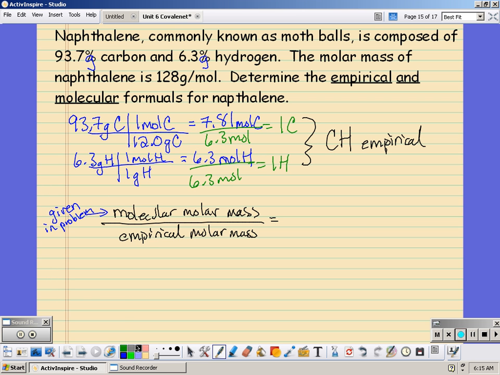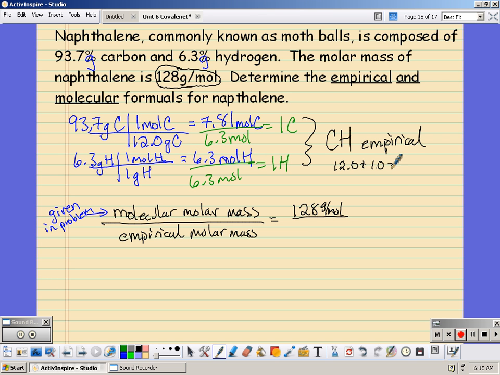So if we look at the problem, it tells us that the molar mass of naphthalene is 128 grams per mole. If we look at the empirical formula, we have 1 carbon and 1 hydrogen. So the molar mass of the empirical would be 12 plus 1, and we would get 13.